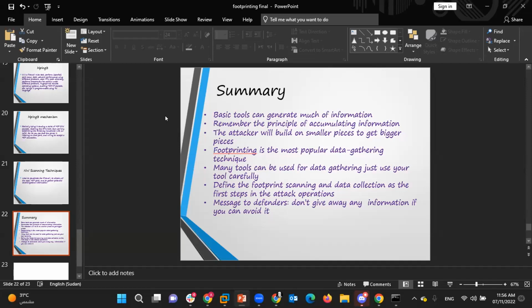Remember the principle of accumulating information. The attacker will build on smaller pieces to get bigger pieces. The attacker all the time builds on smaller pieces. Yes, it is small, but it will grow to get bigger pieces.